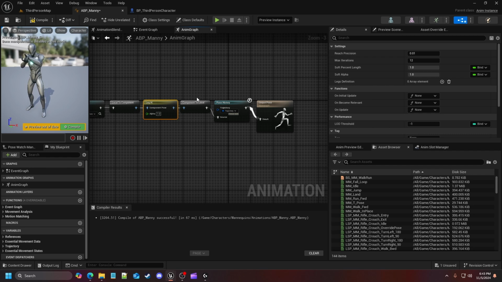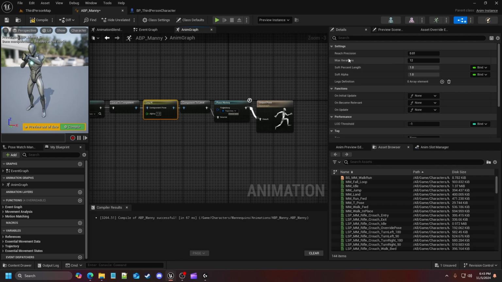So with that being said, as far as the settings in here, with our reach position, I'm trying to remember off the top of my head what this is doing. The iterations here are basically how many times it's going to reiterate our settings in order to have precise or smooth movement.